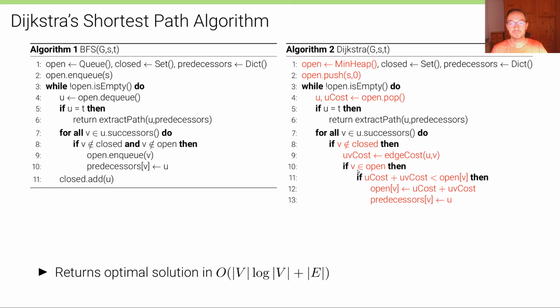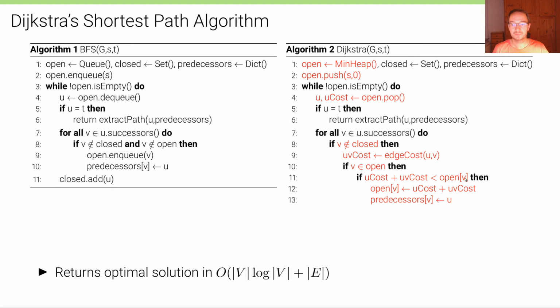If v is in the open set already, then we check if the cost to node u plus uv cost, the cost from node u to node v, this is the weight, the number that is at the edge in the weighted graph, is smaller than the cost that is stored for node v in the min heap.